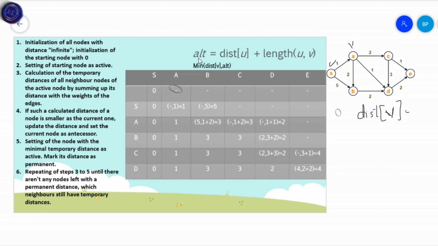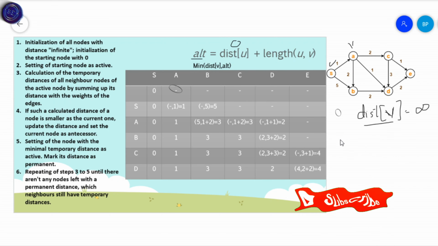So here we have the formula alt equals distance of U plus the length of U comma V. Actually the distance of U is 0 and the length of U comma V is the distance between the two nodes. Actually the distance of V is infinite. So we have to find the minimum distance, that means between the alt and the distance of V.